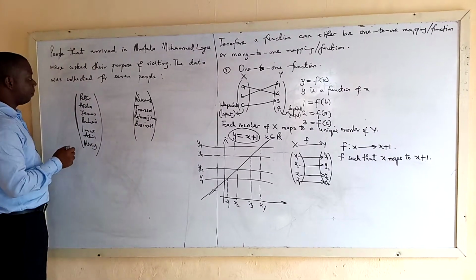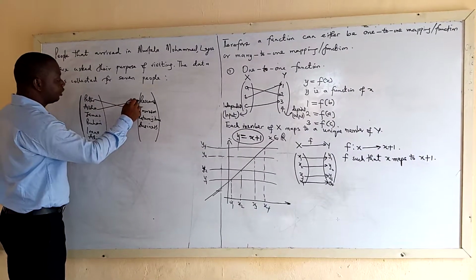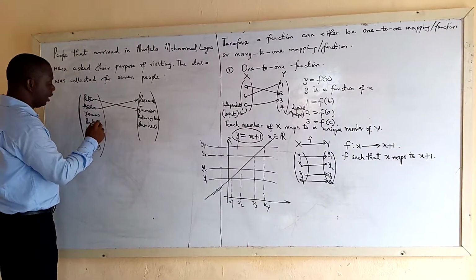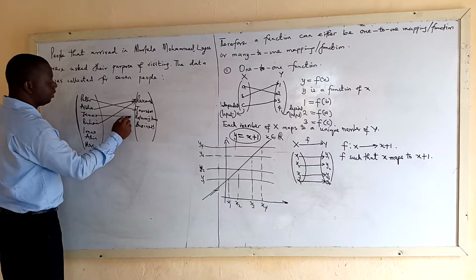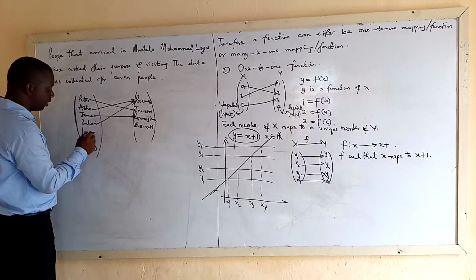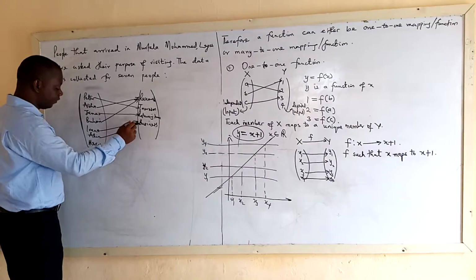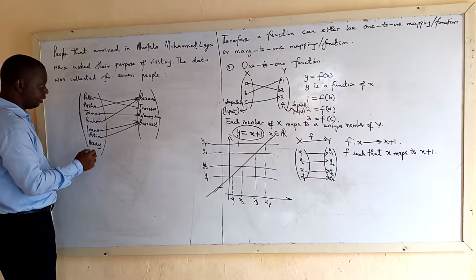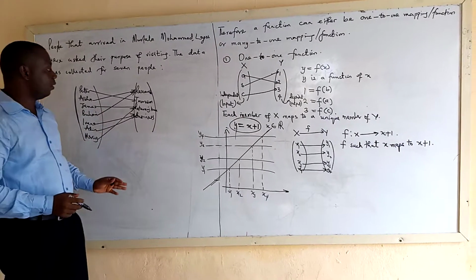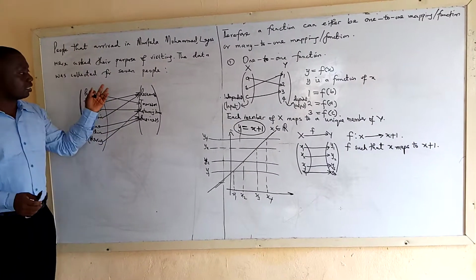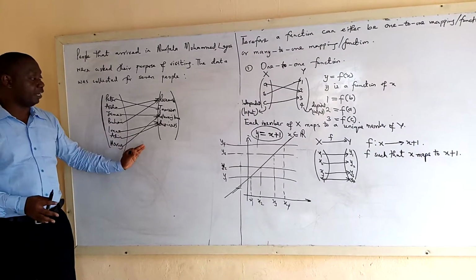So if I start mapping now, Peter maps to tourism, Aisha and Buhari, James is returning home, Aisha is for business, Akin is for business, and Messi is also returning home. Now from this you can see that this is a live situation, and we have made mapping out of this.